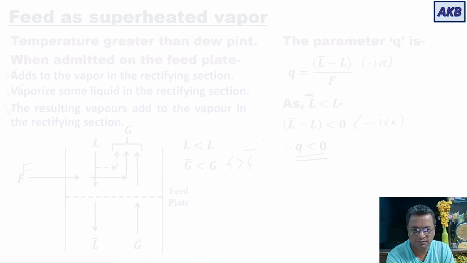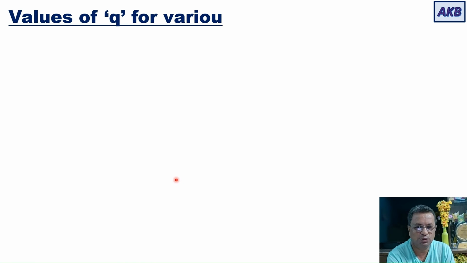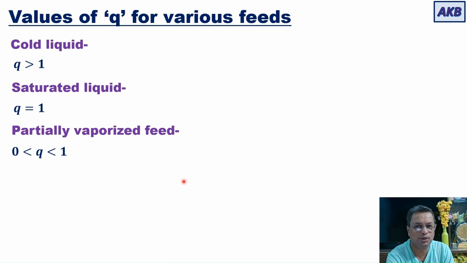Okay. So in order to summarize, at the end we will summarize values of Q for various feeds. So for cold liquid, what is the value? Q is greater than 1. For saturated liquid, what is the value? Q is equal to 1. For partially vaporized feed, Q is between 0 and 1.